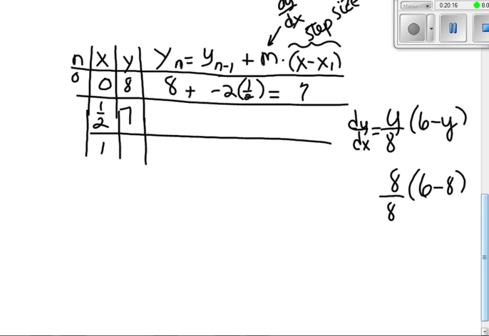So let's see what you have. 7 plus, what's the slope there? Okay, negative, and remember, you don't have to simplify. Times a half. So it's 7 minus 7/16. It's not a calculator problem.